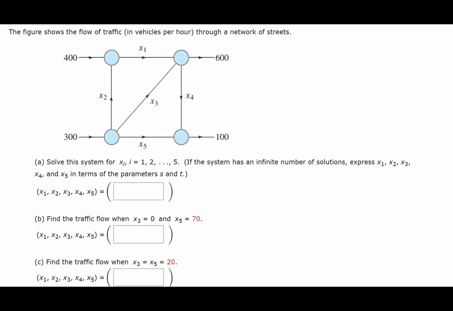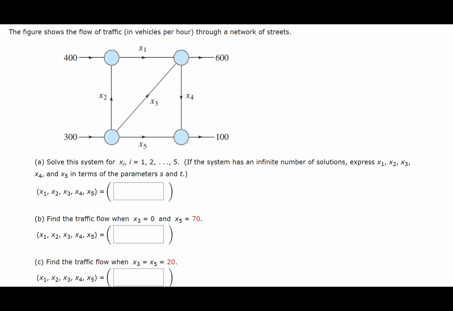But we could set up a system of equations. We could develop an equation for each intersection here. And the way we will develop those equations is we realize that the number of cars going into the intersection needs to be the same as the number of cars going out, right? The in needs to equal the out traffic.